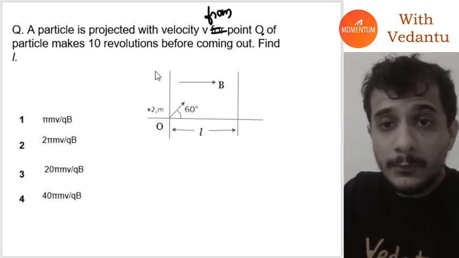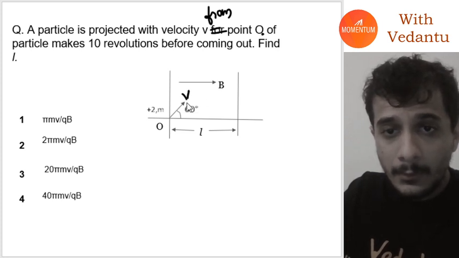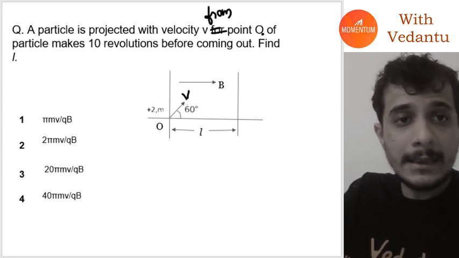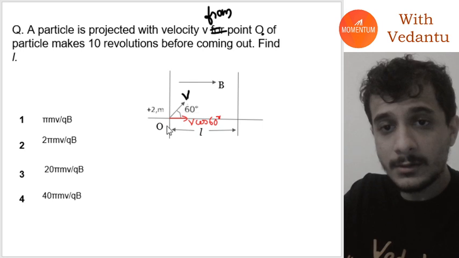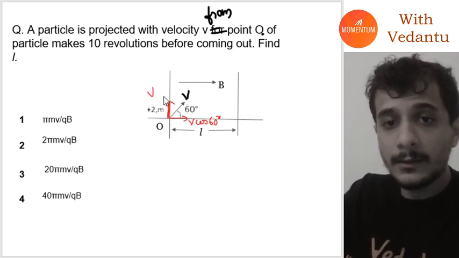Now you have to remember that in this case, this particle will have two different velocities. It will have v cos 60 in this direction, and v sin 60 in this direction.